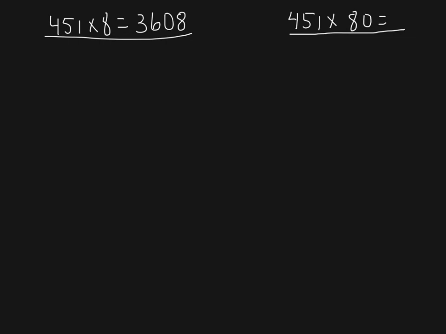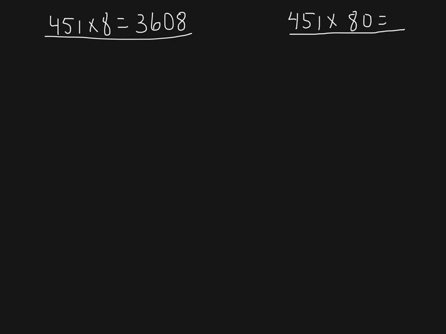And I bet many of you can guess what the product of this number is going to be, because it's going to be very similar to the product of our last equation. But I'm going to work through it. So first of all, I'm going to use the distributive property.